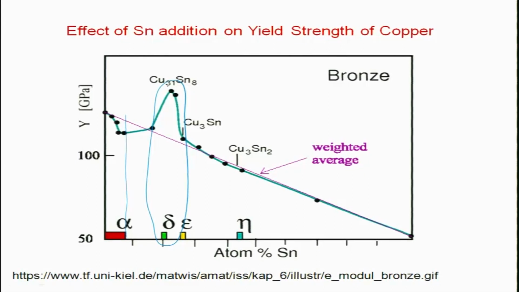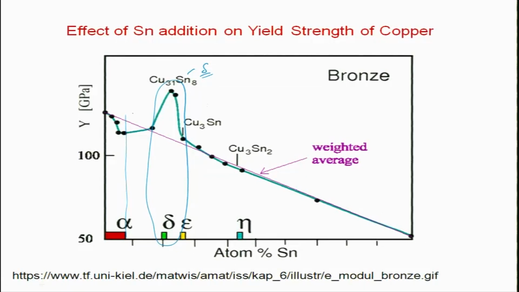Cu31Sn8, not Cu3, is the delta phase that leads to formation of intermetallic compounds within the matrix, and it gives rise to strength in these tin alloys. And then you have other phases like epsilon Cu3Sn, eta Cu3Sn2, and so on and so forth.